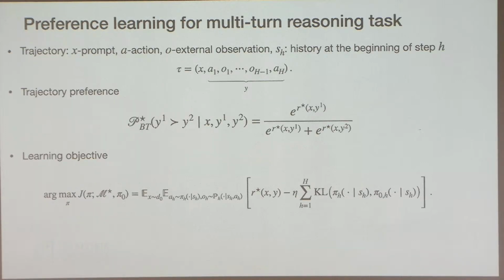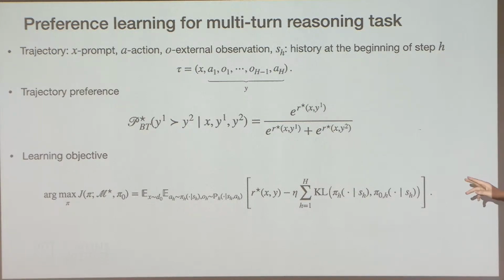We still want to derive direct preference learning algorithms because they are much cheaper compared to a deep RL method. So we denote the trajectory as tau, and we denote the completion, where we delete the initial prompt from the trajectory, as y.